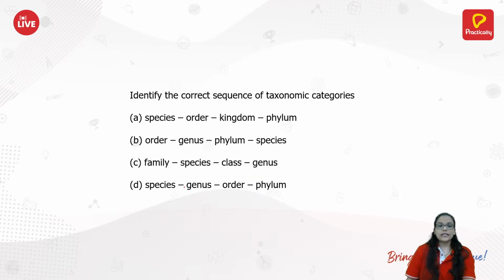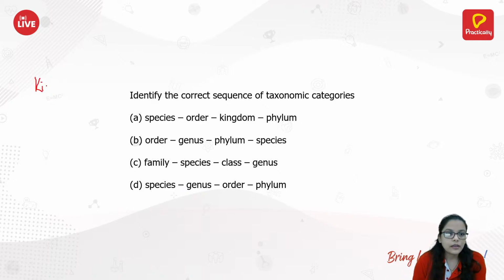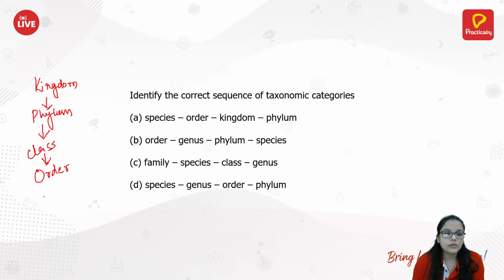Okay, now identify the correct sequence of taxonomic categories. I will write it all over again. Kingdom, phylum, class, order, family, genus, species.